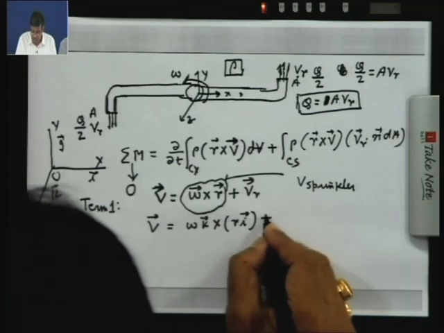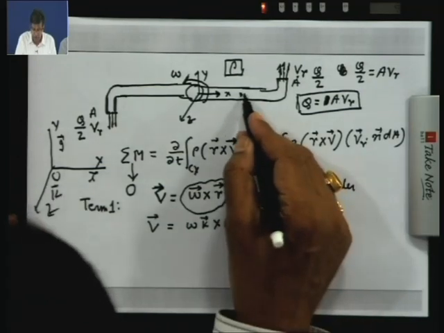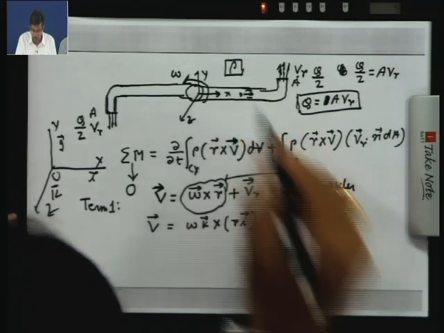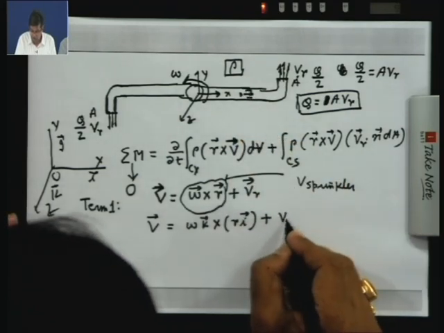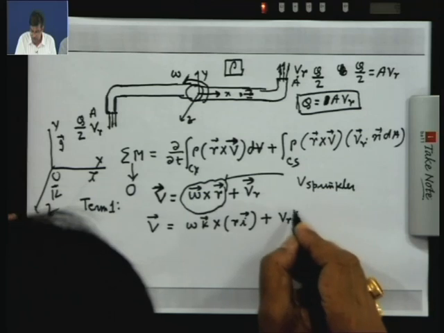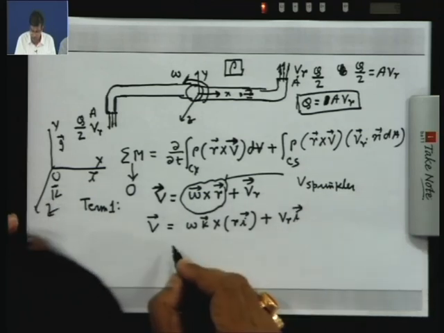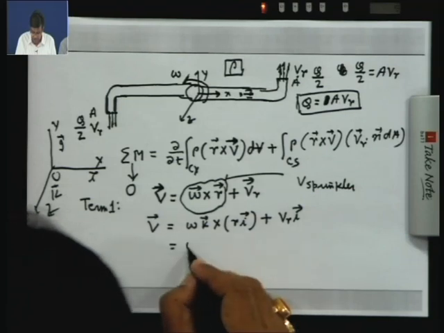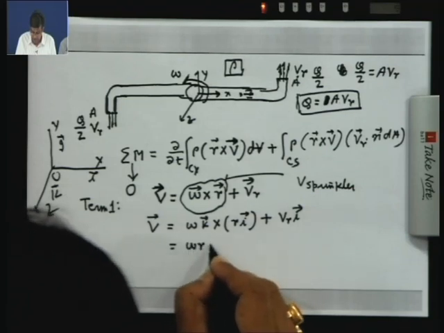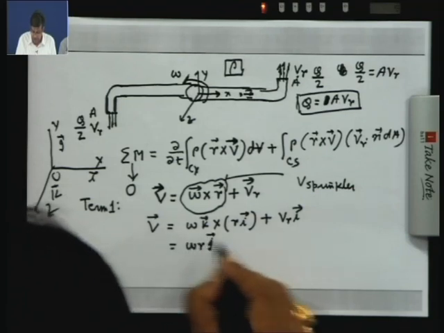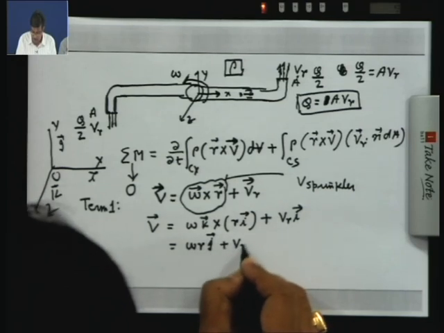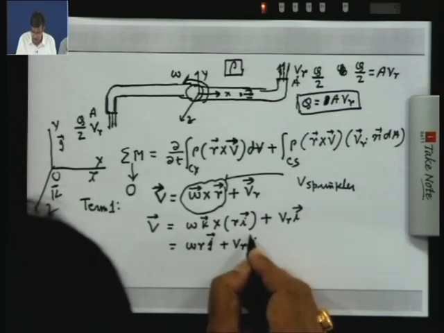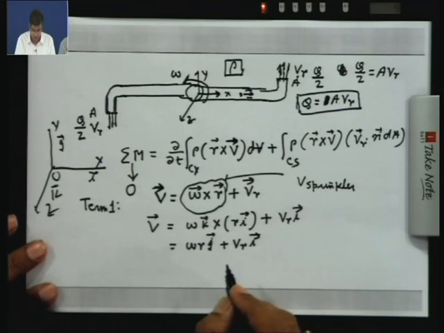Now, what is Vr? Vr at any point is a constant Vr. So, this is the magnitude Vr i. Well, then k cross i is j. So, therefore, we can write omega r j plus Vr i.